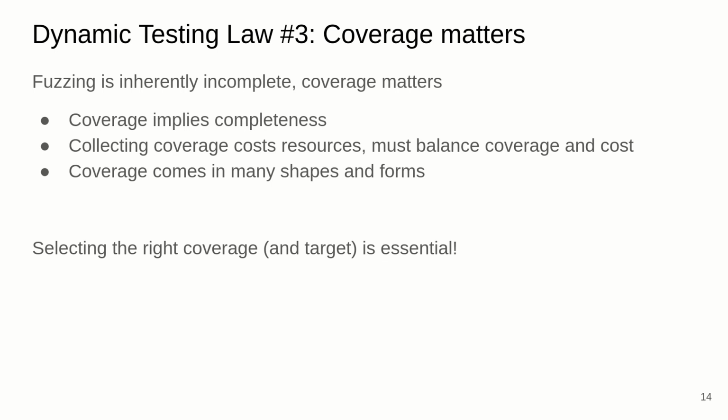So coverage implies some form of completeness, as without executing the code, you wouldn't be able to infer if it has a bug or not. Collecting coverage costs resources, so you must balance the coverage and the cost that you get. And coverage comes in many forms and shapes, and we'll hear a bit more about this in a bit. So selecting the right coverage and target is essential.